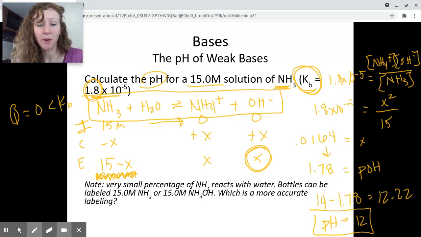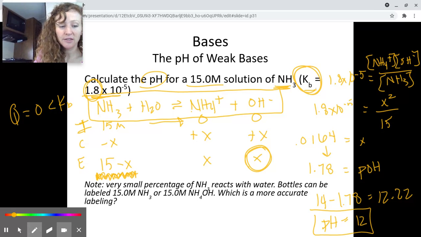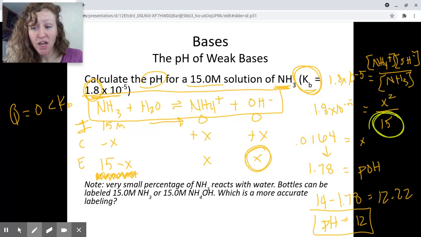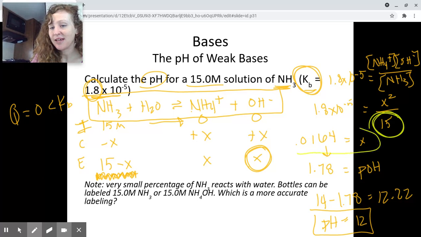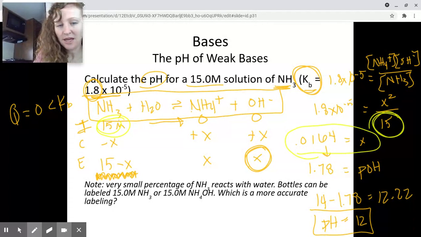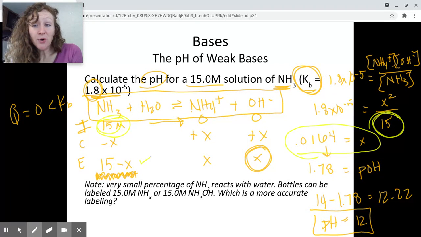That can be a tricky part of this. Also, remembering to make the approximation, right? And we can double check that this is less than 5% of my initial quantity, which it is, so I can actually make that approximation. Okay, so the pH is going to be very high. 12 is a very high pH.